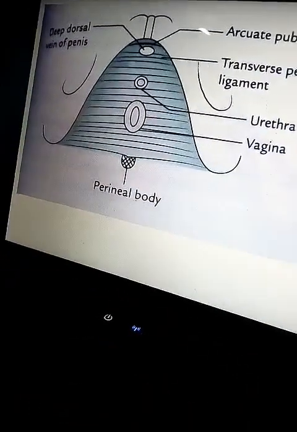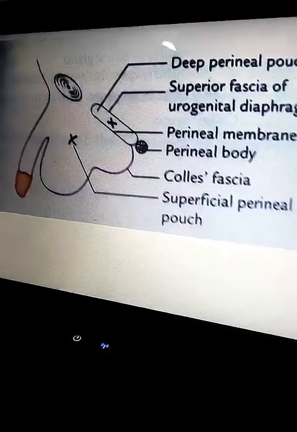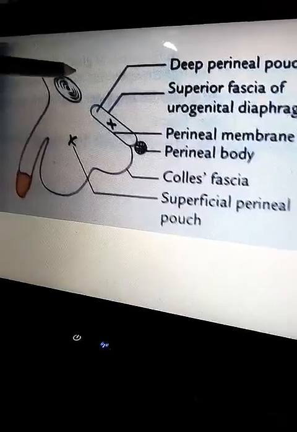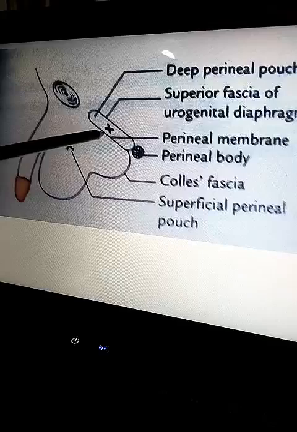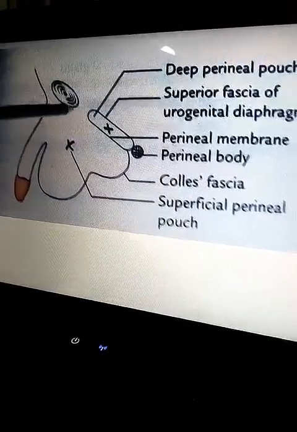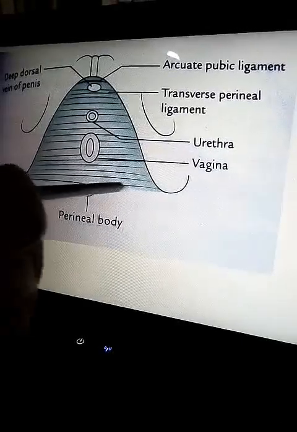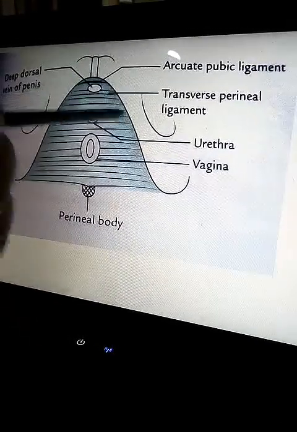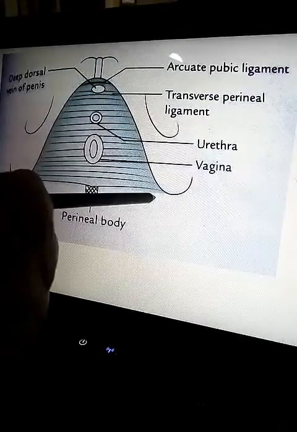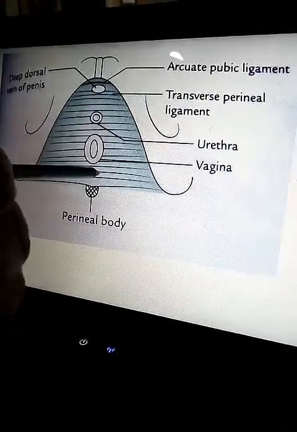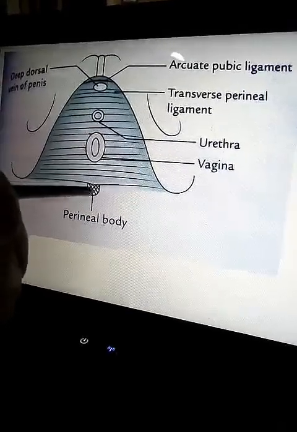Now, what are the superficial and deep perineal pouches? The perineal membrane is a triangular fascial sheath that stretches across this triangle and is attached to its sides. So, this is the perineal membrane. The posterior margin of the perineal membrane is fused centrally with the perineal body.